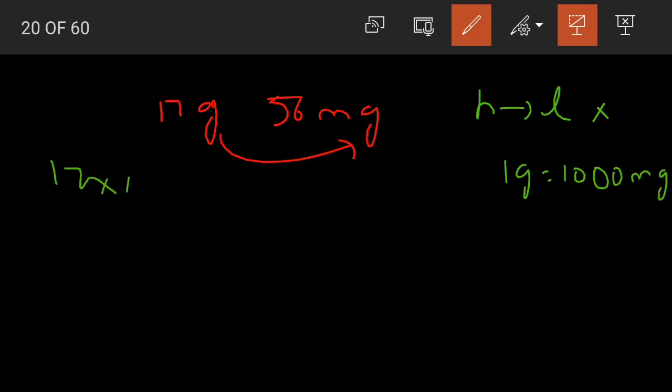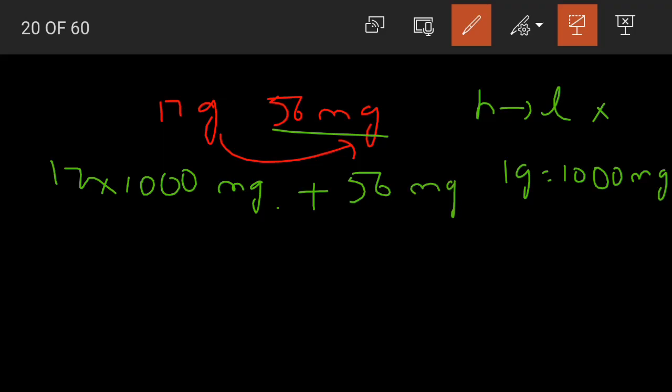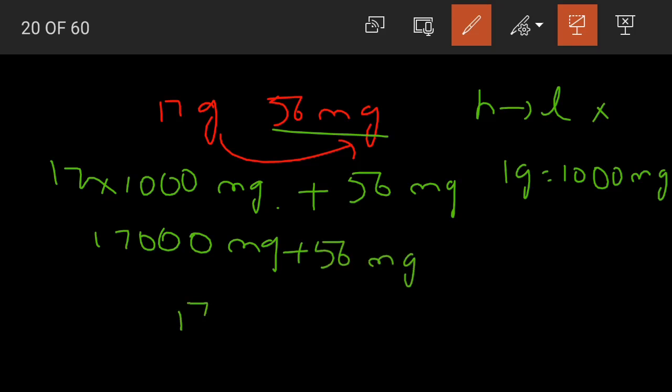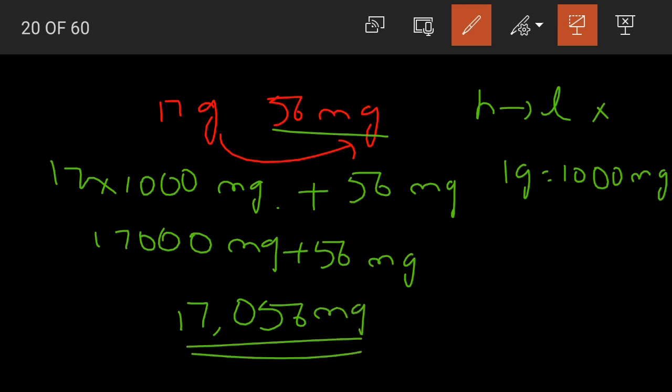So 17 into 1000 milligrams, and then we have plus 56 milligrams as it is. We have 17,000 milligrams plus 56 milligrams. Then we have 17,056 milligrams.